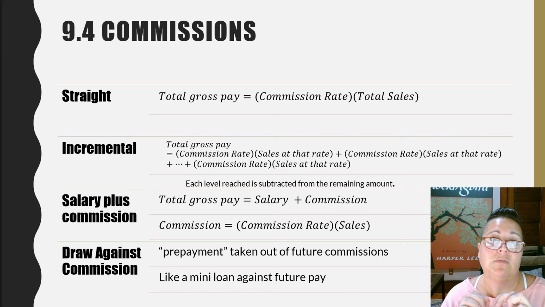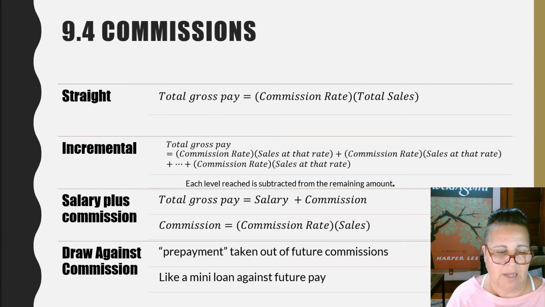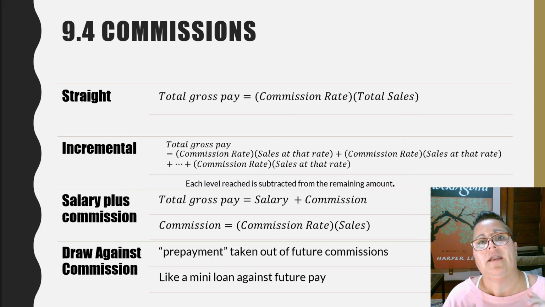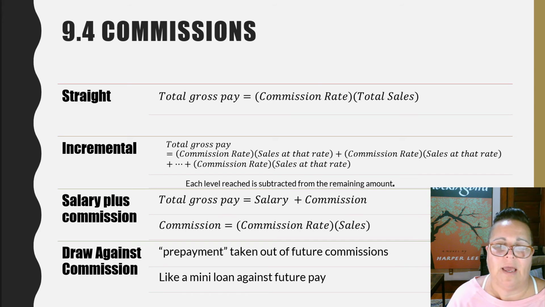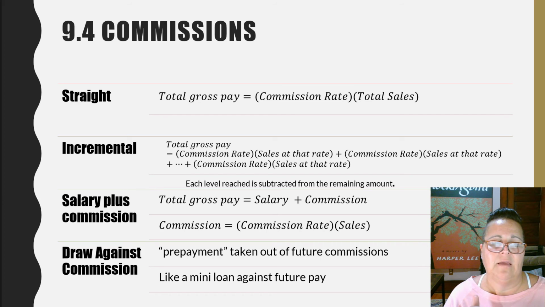Now, most of the time, you cannot do this day one. As an employee, you can't get hired on at a car lot and day two go in and ask for a draw. They're not going to do that. My understanding is that if your employer offers a draw, you usually have some history with that particular company, and they often do it based on your average.